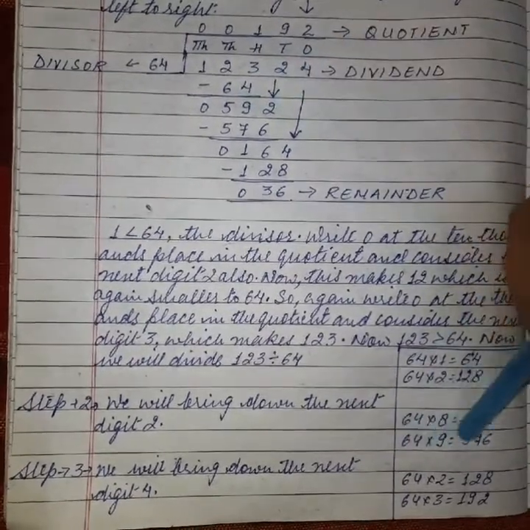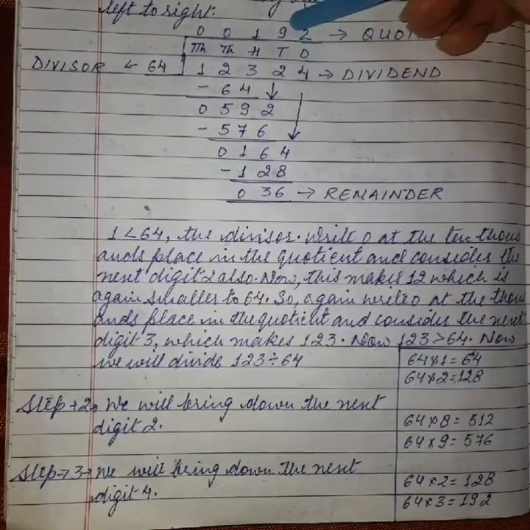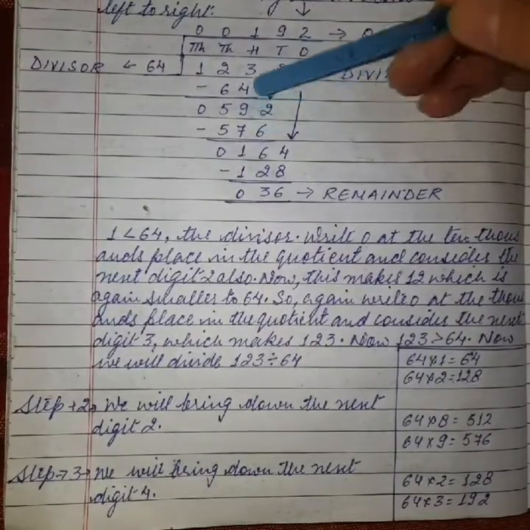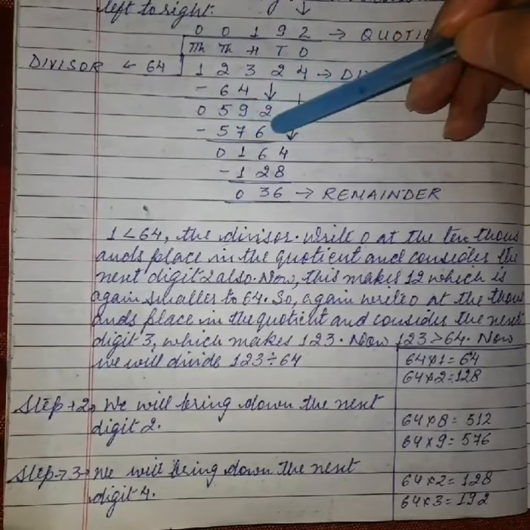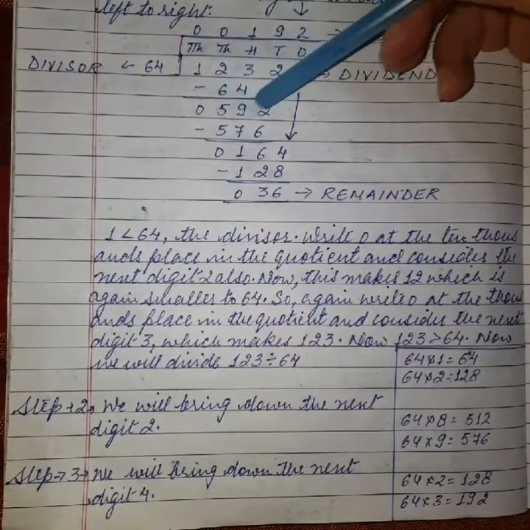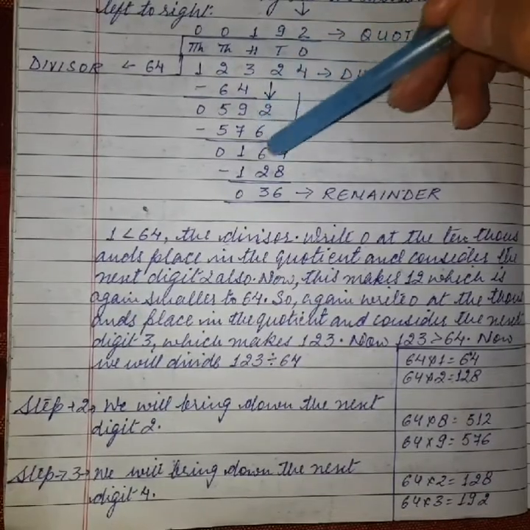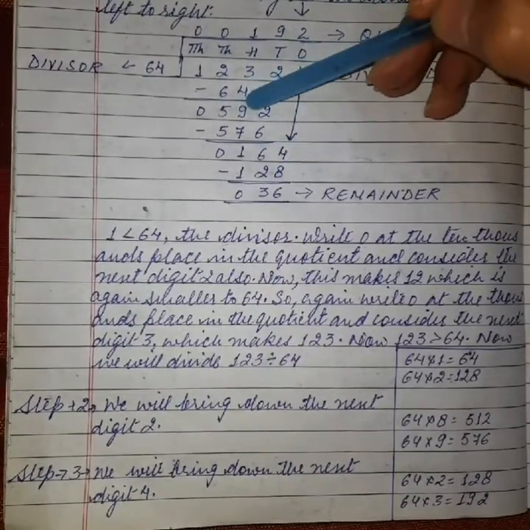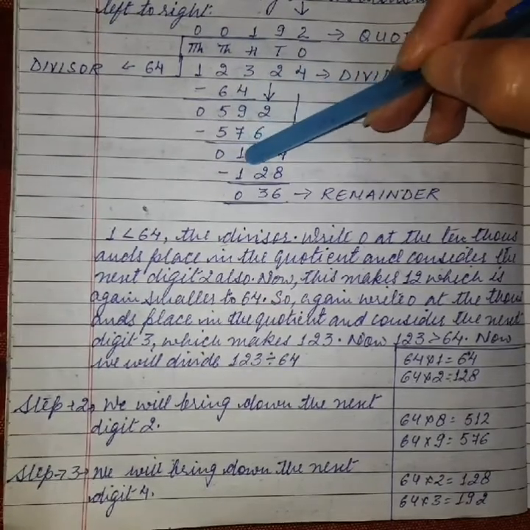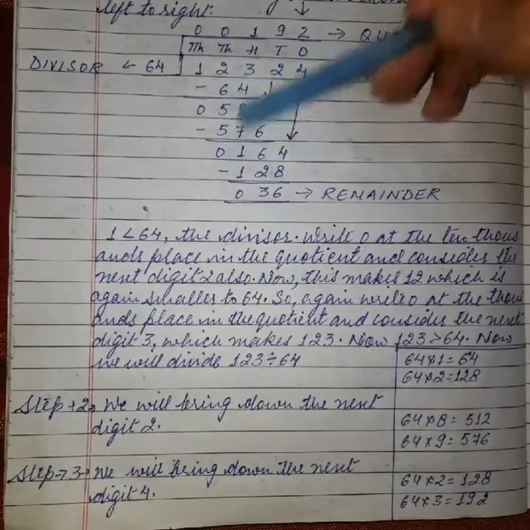So we'll take 64 9s are 576. We will write 9 in the quotient at the place of tens. 576 subtracted from 592. 12 minus 6, 6. Here, what will be the leftover? 8. 8 minus 7, 1. And here, 5 minus 5, 0.